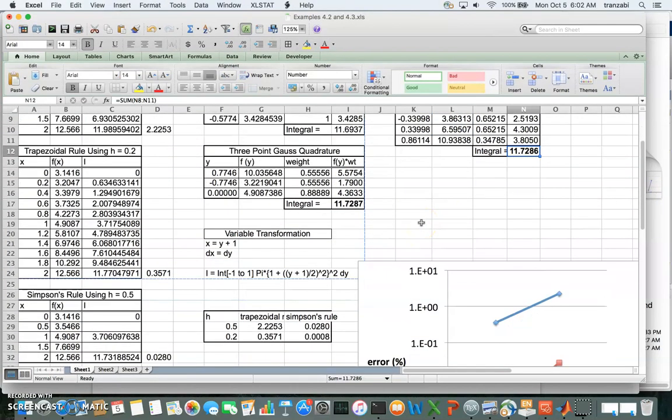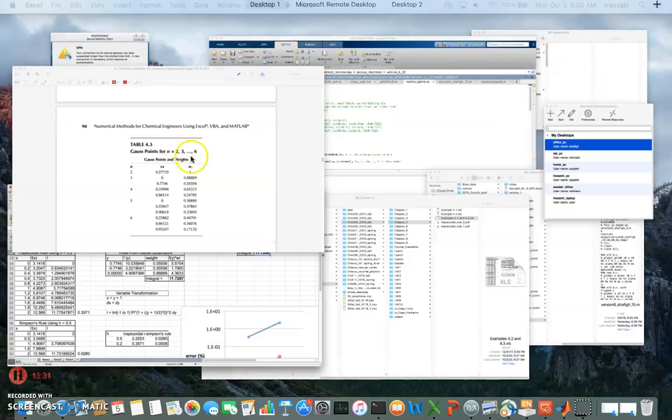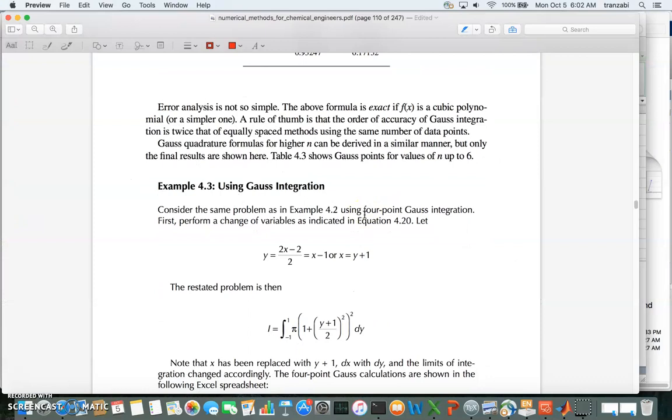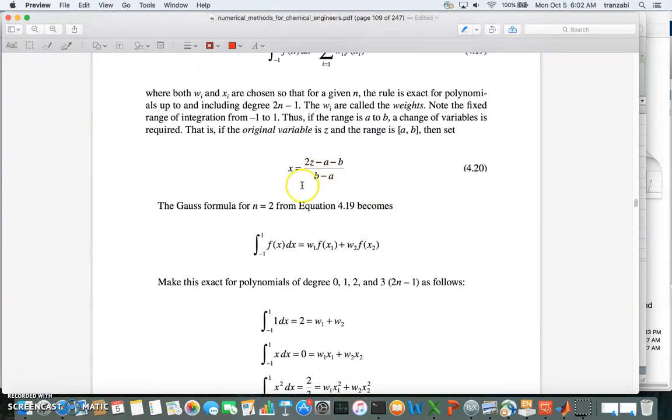So this was calculating the integral using Gauss Quadrature, and important points to recap are, first, the limit should be -1 to 1. If it's not, we have to use the change of variable to conform the limits from -1 to 1, and then the formula for that is right here.